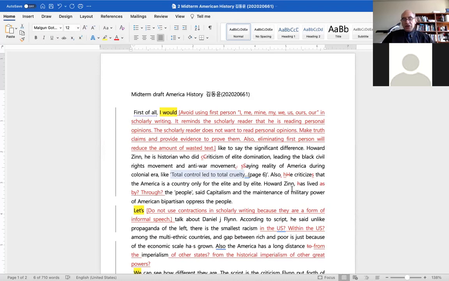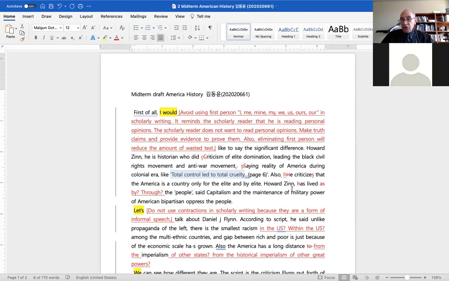So again, one of my tasks, like I mentioned, is to help you polish your writing skills. When I make a suggestion as to how you might correct something or make it better, I typically don't tell you how I would write it. I want you to choose something that you like.